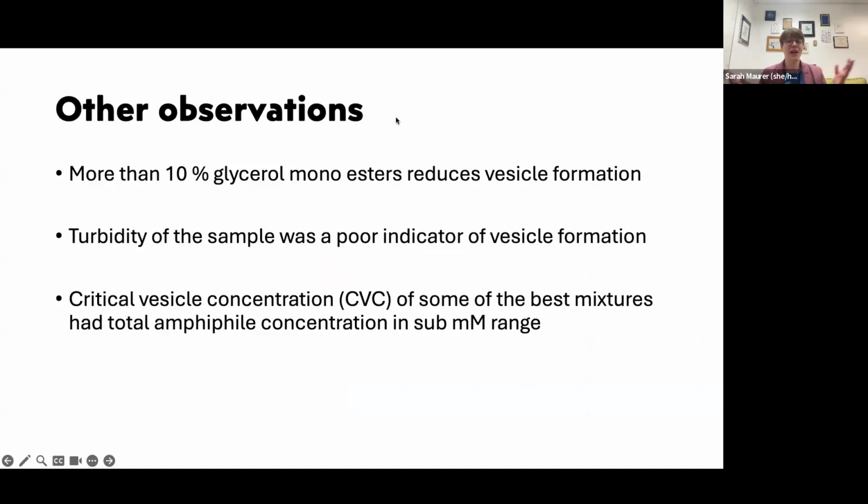Okay, so the other observations that we have from these results so far is that when we put in too much glycerol monoester, we have very, very little vesicle formation. So pretty much as soon as the GMD concentration gets above 10%, we have almost no vesicles in our samples.